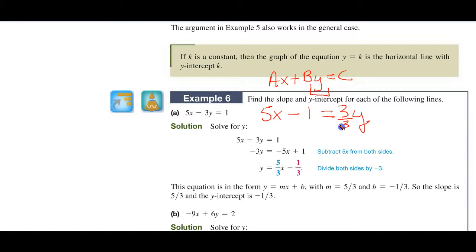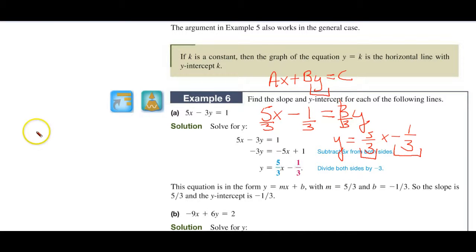Now I divide everything by 3, and then I can rewrite it. y = 5/3 x - 1/3. Again, they're doing it a little differently, but that's satisfactory as well. My slope, then, is the numerical coefficient of x, and my y-intercept is in the b position.